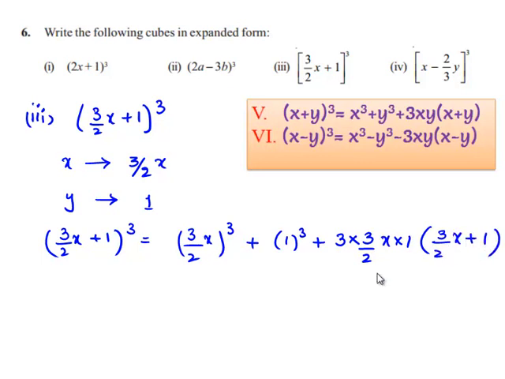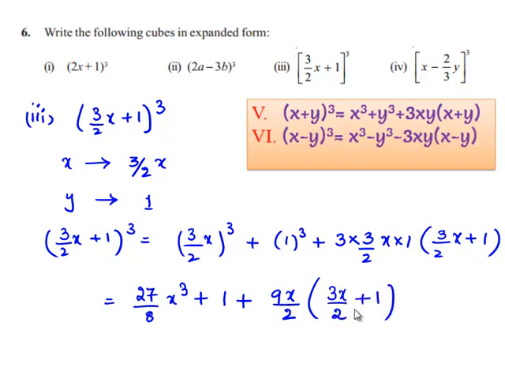plus 3 times of 3/2 x multiplied by 1 multiplied by (3/2 x + 1). This is equal to (3/2 x) whole cube is 27/8 x cube. This becomes 1 cube is 1 plus 3 multiplied by 3/2 x multiplied by 1 is 9x/2 multiplied by (3x/2 + 1).